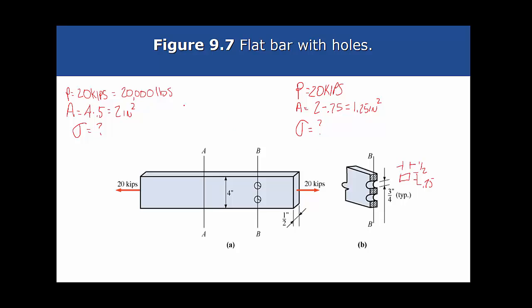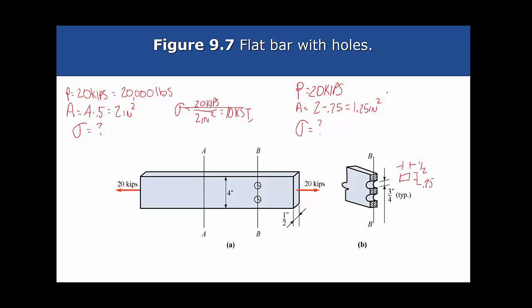So we said the stress was 20 kips divided by 2 square inches. That'd be something like 10, wouldn't it? Kips per square inch. Okay, I don't know how that line got across there.